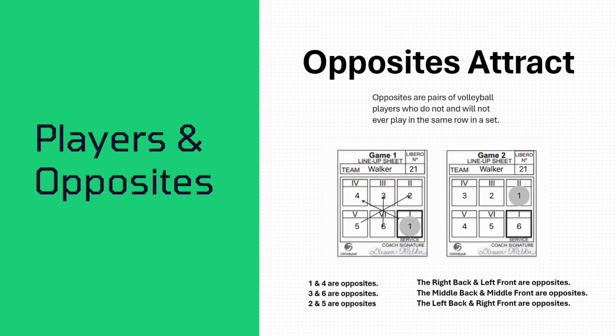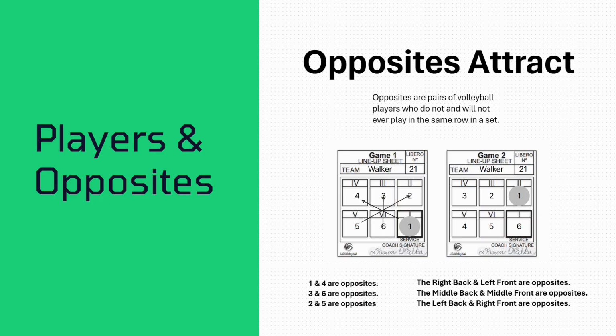Let's quickly review. Opposites are pairs of volleyball players who do not and will not ever play in the same row in the set. The right back and the left front are opposites. In this example where our team Walker is serving, that would be 1 and 4.